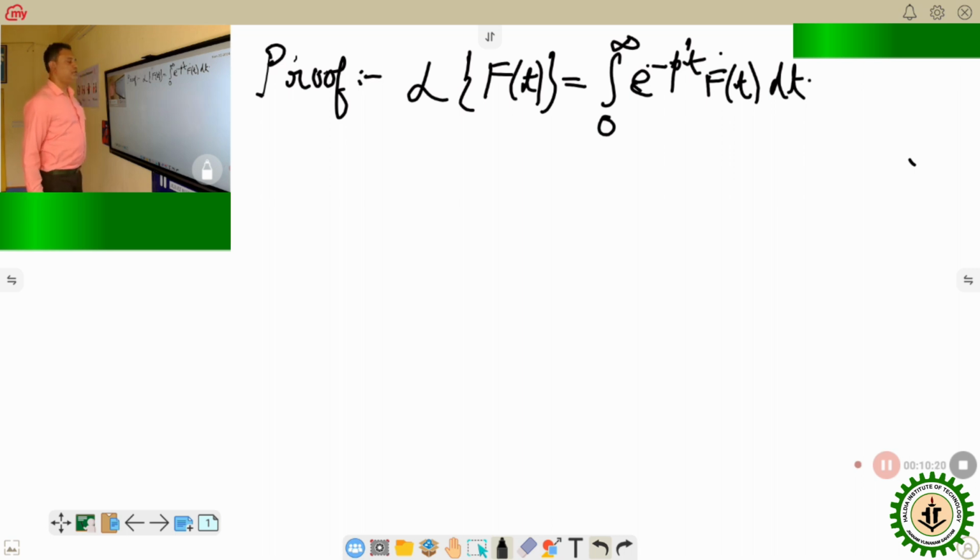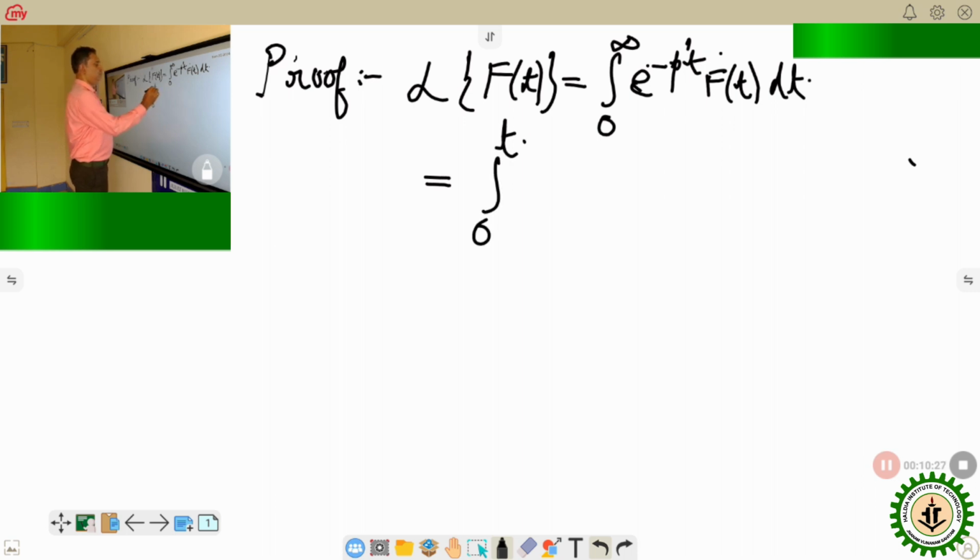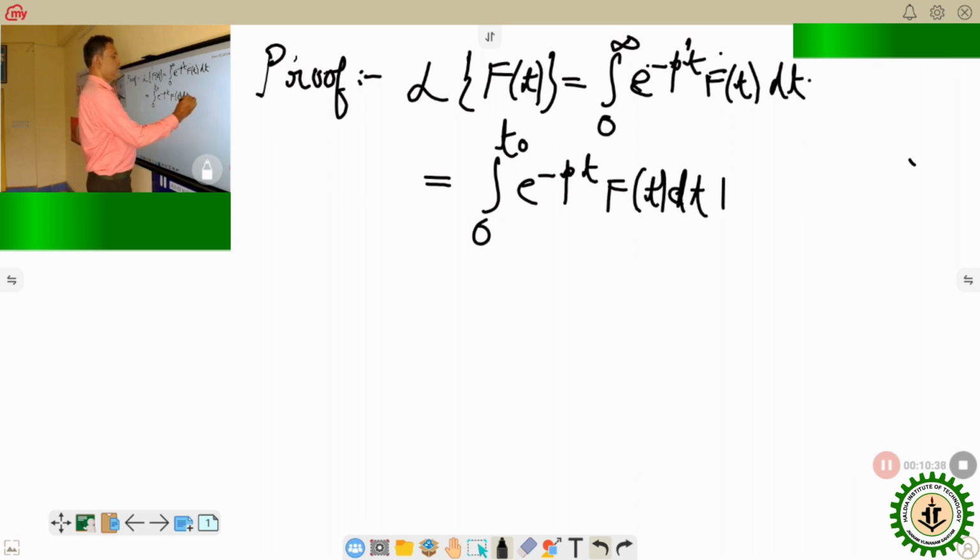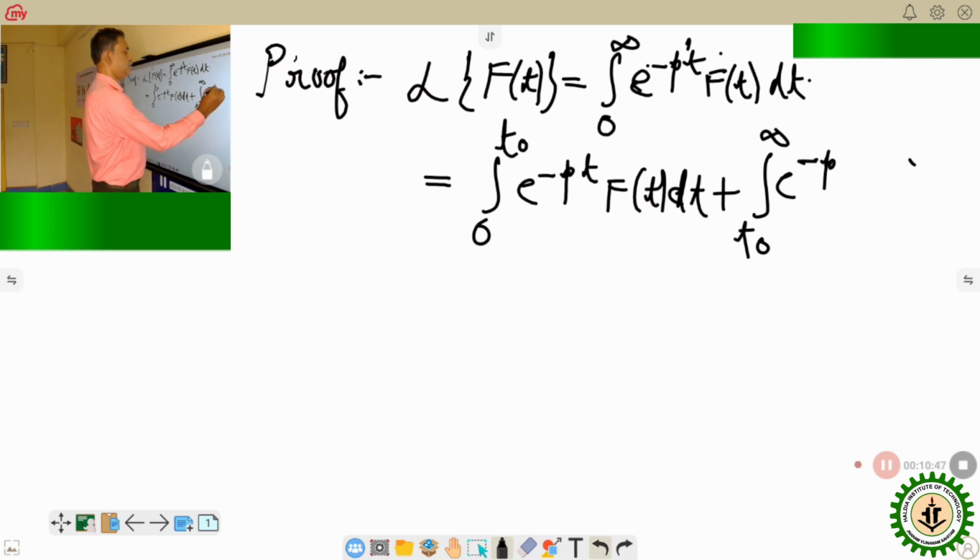Since f(t) is a piecewise continuous function, we can write it as the integral from 0 to t0 of e to the power minus pt f(t) dt plus the integral from t0 to infinity of e to the power minus pt f(t) dt.